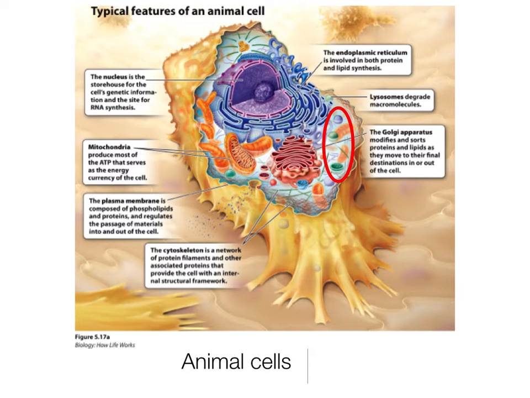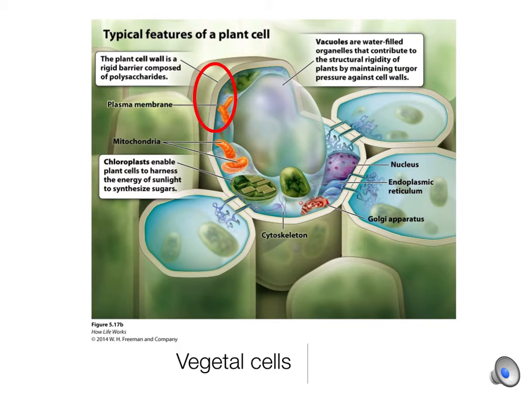If you look at a plant cell, you will find all the same things. However, you will, in addition, find a cell wall that is not present in animal cells. And this cell wall is composed of polysaccharides, also called fibers. It will also have a big vacuole that is filled up with water.